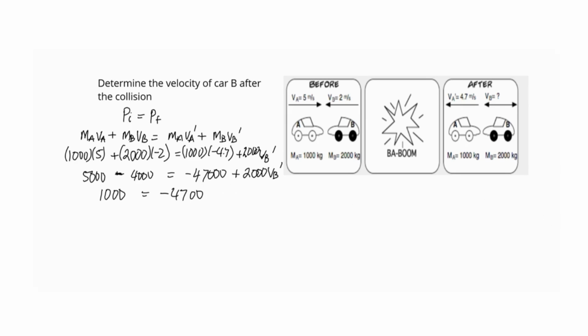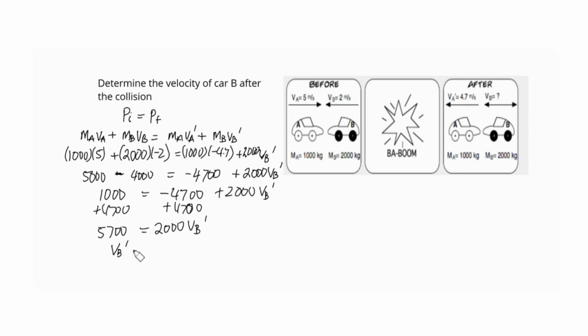That gives me 1000 is equal to negative 4700 plus 2000 vB prime. Adding 4700 to both sides, I get 5700 is equal to 2000 vB prime.